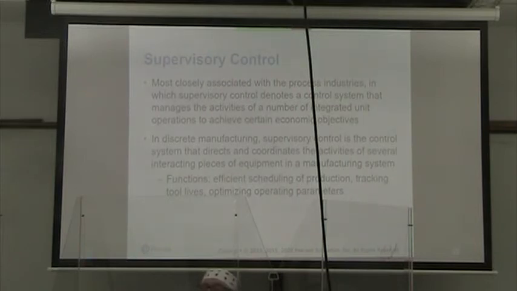In discrete manufacturing, our supervisory control is the control system directing and coordinating the activities of interacting pieces of equipment in a manufacturing system. So it may be doing the function of scheduling the production, tracking tool lives, optimizing operating parameters.